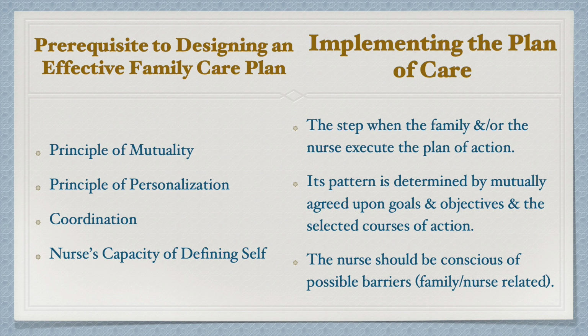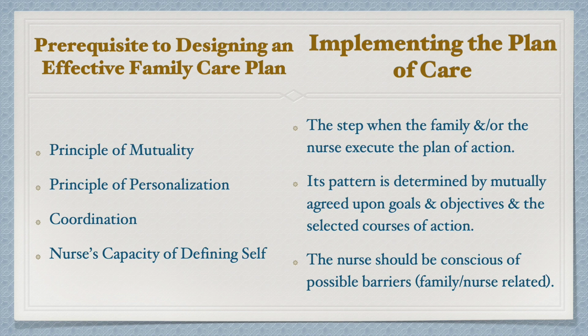Its pattern is determined by mutually agreed upon goals and objectives and the selected courses of action. The courses of action involve providing nursing care, helping family members do what is necessary to meet health needs and problems, and referring the family to another health worker or agency if necessary.